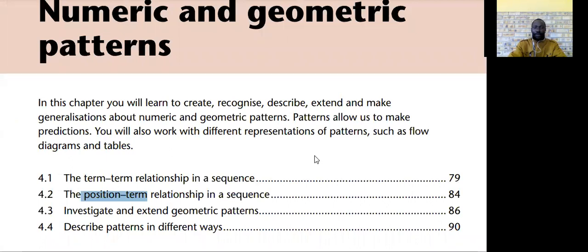So basically, numeric and geometric patterns will always be moving between the term to term relationship or the position to term relationship. You just need to be careful enough to examine the relationship well so that you can investigate nicely whether it is a term to term and you create a proper pattern, or whether it is a position to term and you create a better pattern.